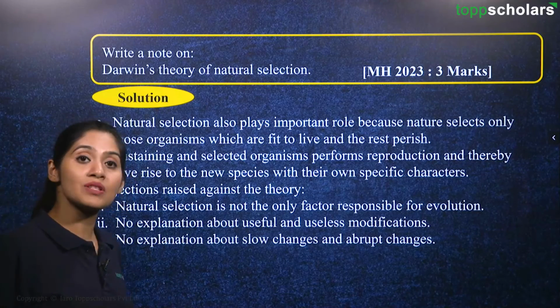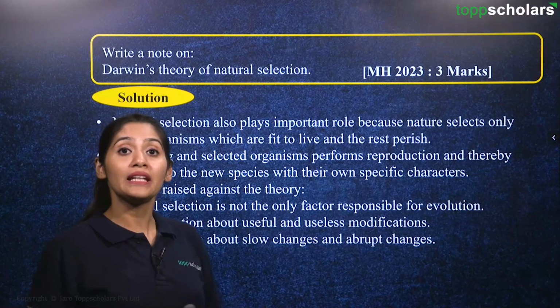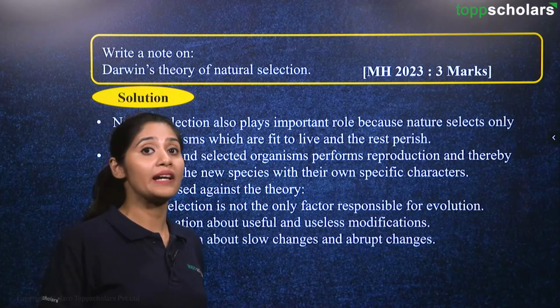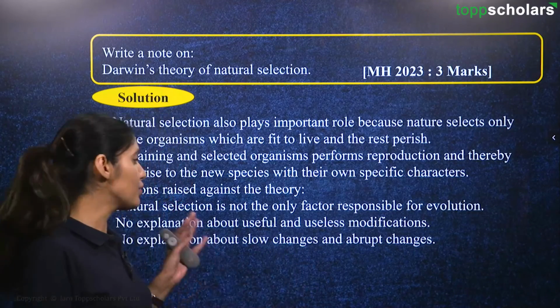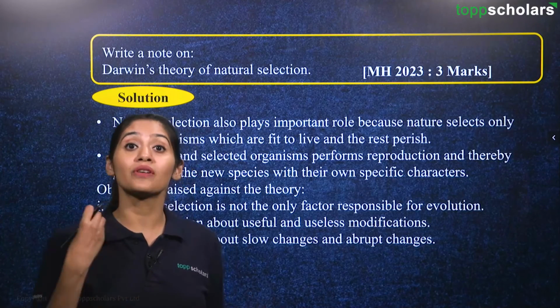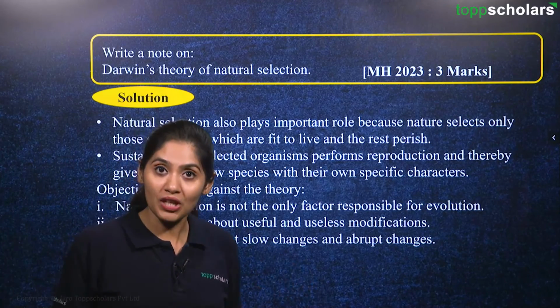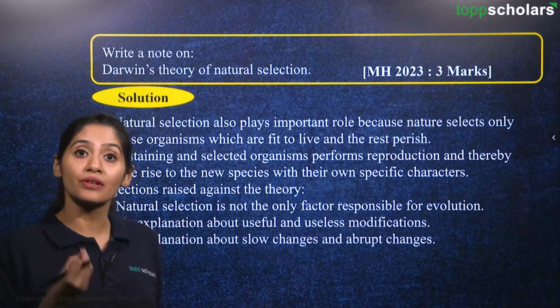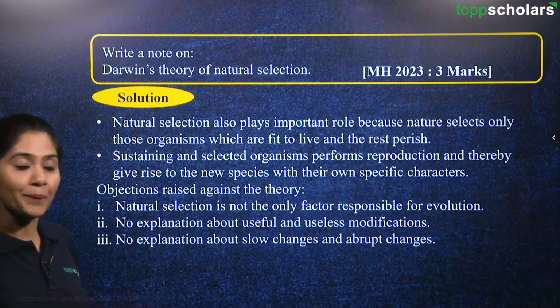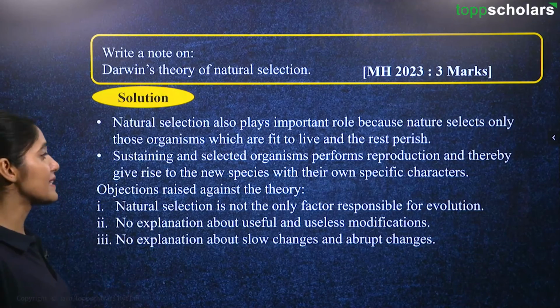Sometimes an organism shows abrupt changes, and sometimes it took years and years for evolution to occur. So there was no explanation given for why certain changes were so abrupt, like the genetic cross between two species, the transformations, right? Those changes were not explained in his theory. So these were the objections raised against the theory.